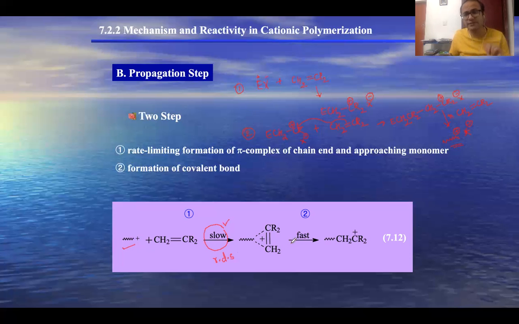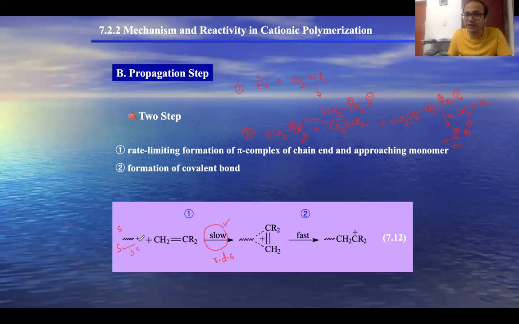And here comes the effect of solvent. If your solvent has a very high solvation effect, that means it is able to solvate the ions well, then this propagating chain would be solvated pretty well.